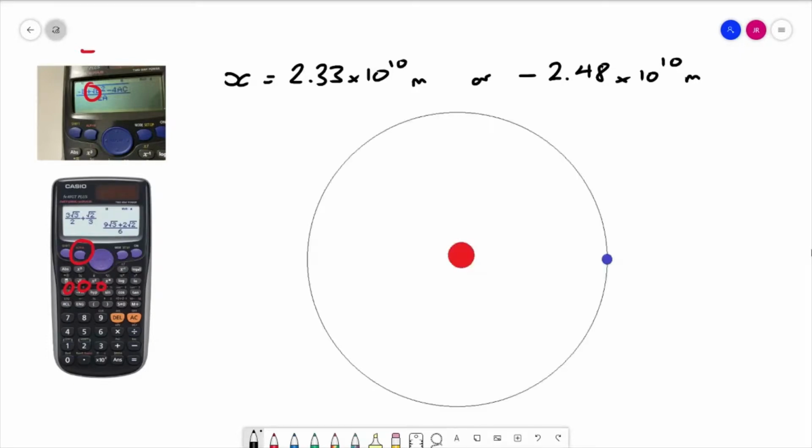So to bring it back to the context of the question, if we have the Sun and we have Jupiter, the point that we were looking for is roughly there, and the distance that we defined was this distance here, where we've defined 0 as that point there, with, bizarrely, positive going that way for once. We're making left positive, so it makes sense that it is this value that we're looking for. So that point is at 2.33 times 10 to the 10 metres from Jupiter.